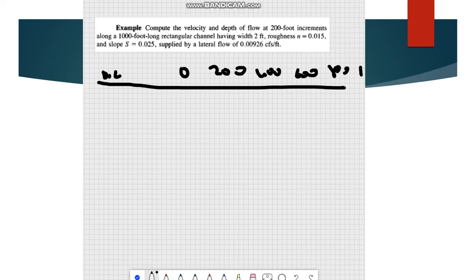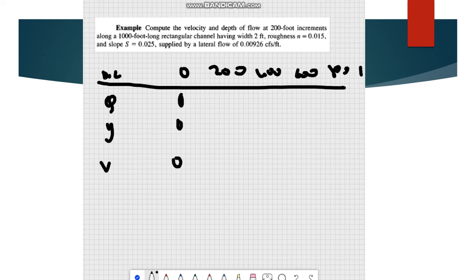We are gonna find the flow rate, the depth of flow, and then the velocity. So for each case, when it's 0, Q is 0, the depth is 0, velocity is 0.